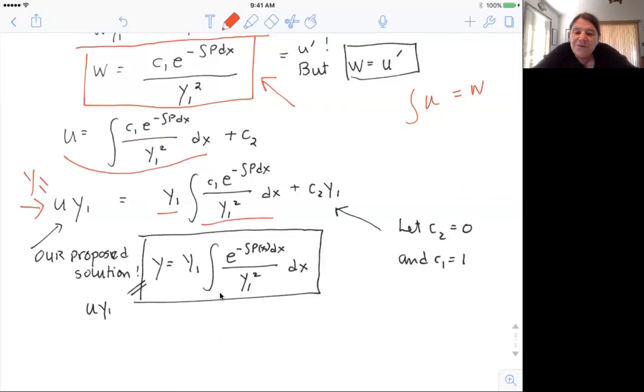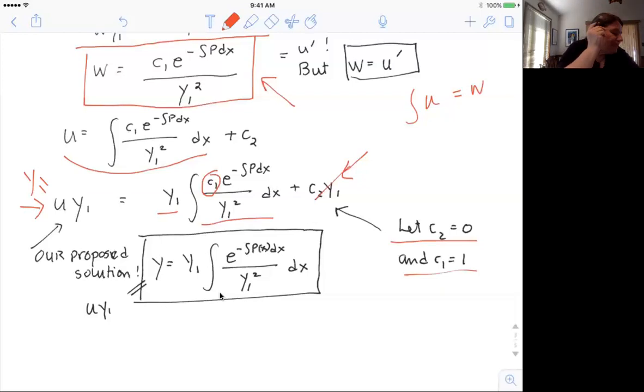This is what I was doing a minute ago. Y1 was already a known part of the fundamental set. So we're going to say, I don't need that part. I just need the part that's giving me a new piece. So I don't really need that. I'll let C2 be 0. So that one drops out. I did the same thing before. And what I need to do on this C1 right here is make it as nice as possible. And as nice as possible is C1 equal 1 in this case.